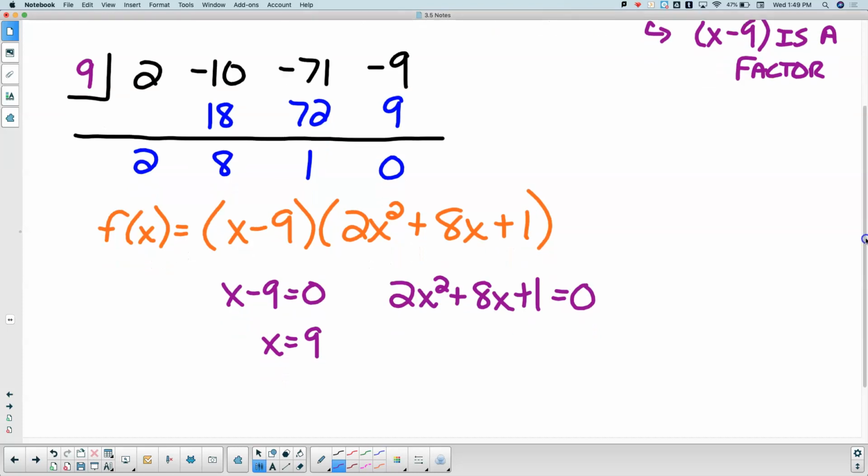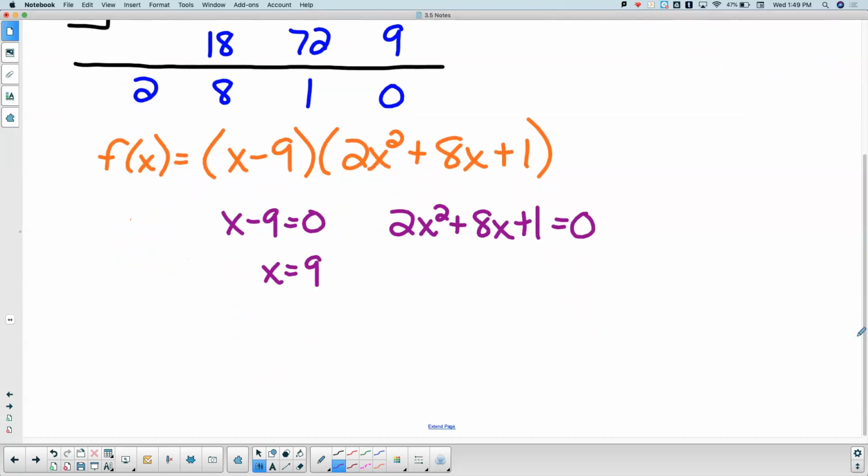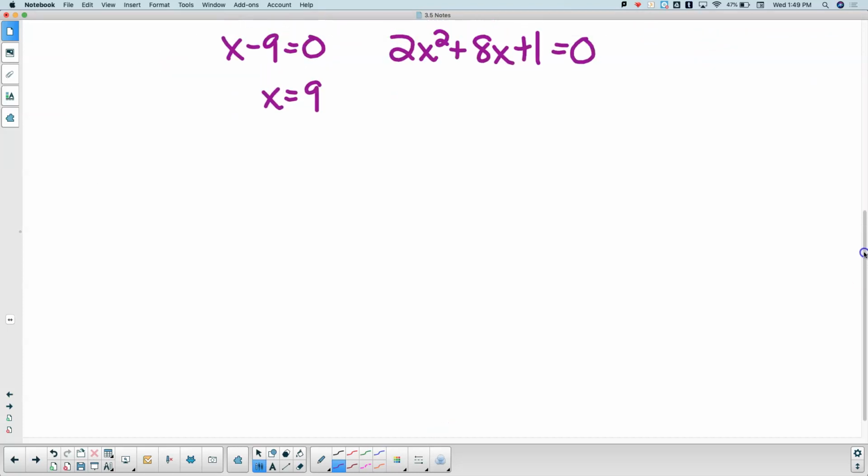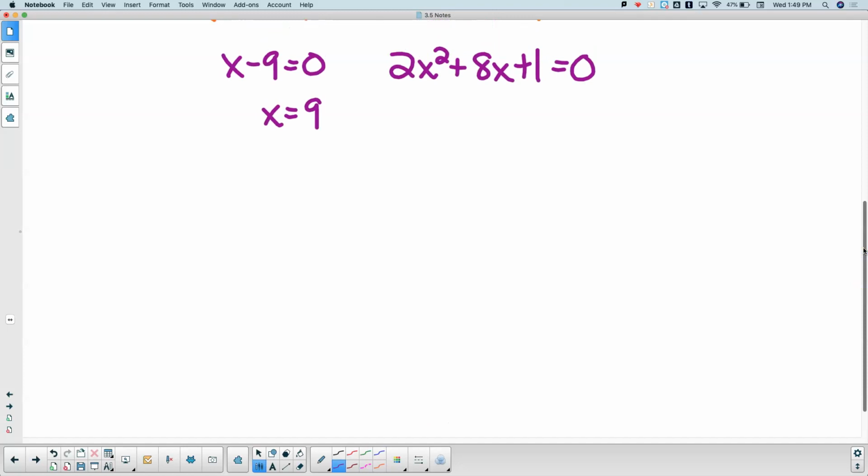How am I going to solve that? 2x squared plus 8x plus 1 equals 0 if it's not factorable.